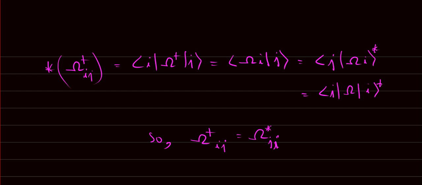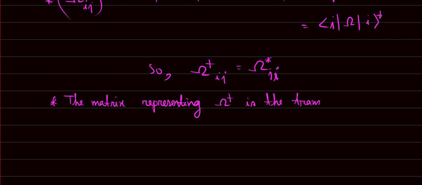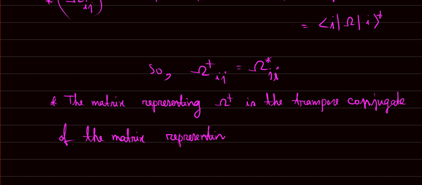So in matrix representation, the adjoint of omega is the transpose conjugate of the matrix representing omega. The matrix representing the adjoint of omega is the transpose conjugate of the matrix representing omega.